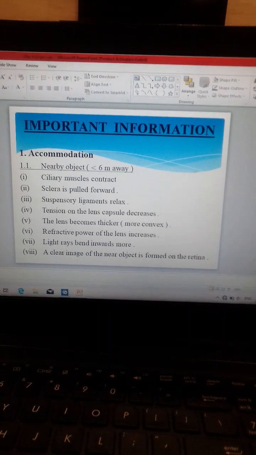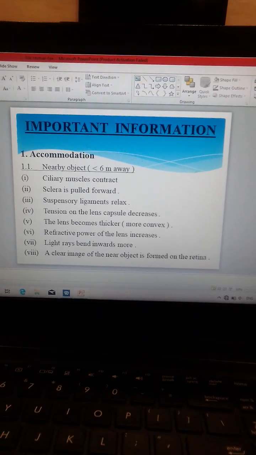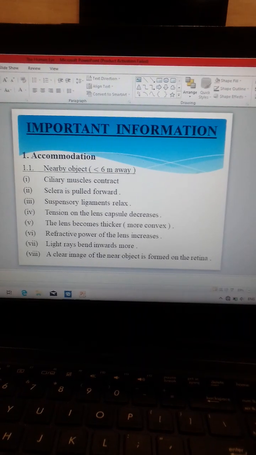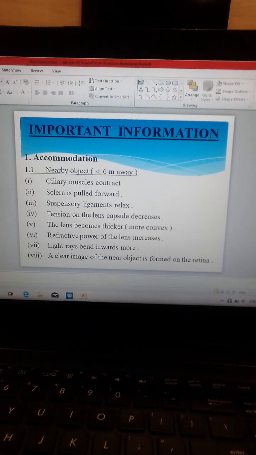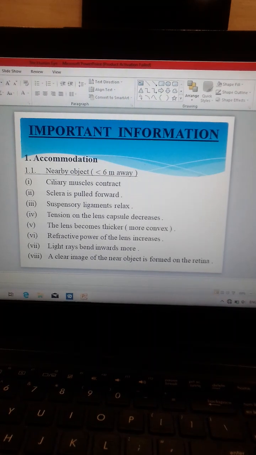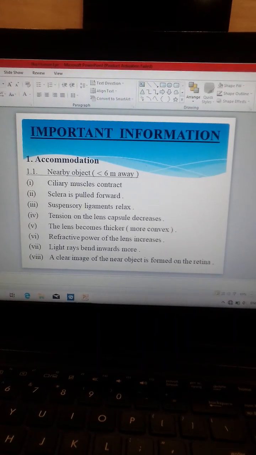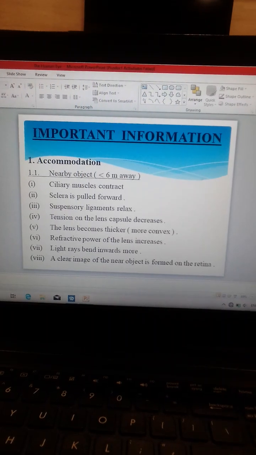Accommodation is the ability of the lens to alter its shape or convexity to focus on objects when they are either nearby, which is less than 6 meters away, or far, which is more than 6 meters away.